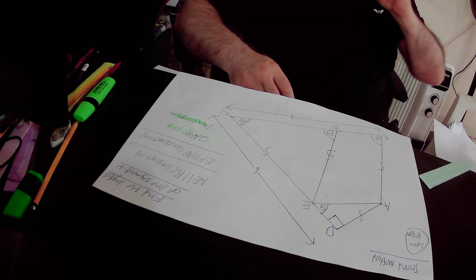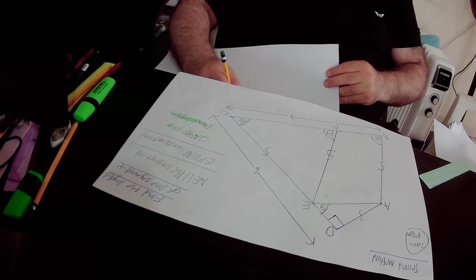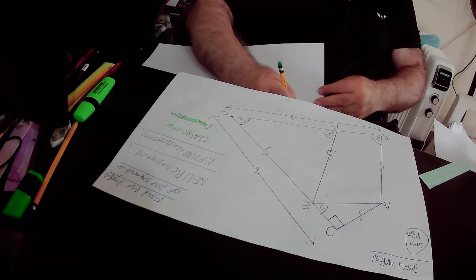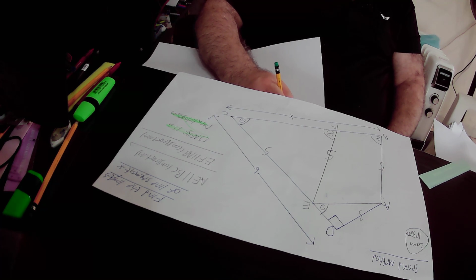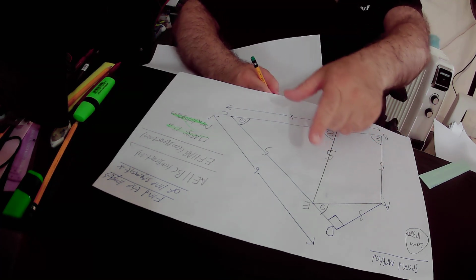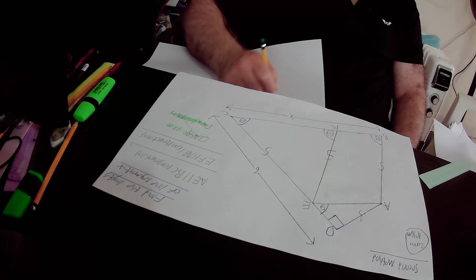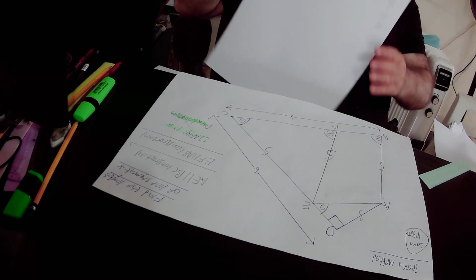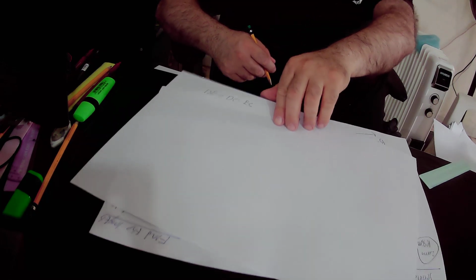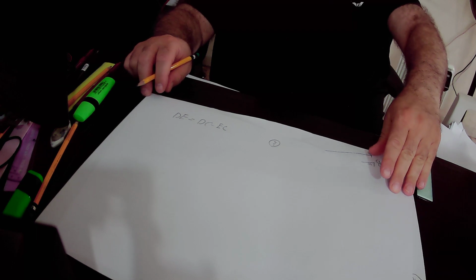And what is the value of line segment DE? It is very easy to see from the drawing that DE equals DC minus EC.